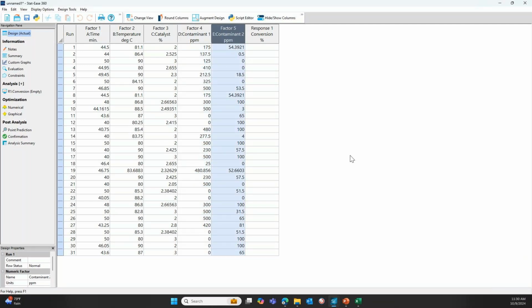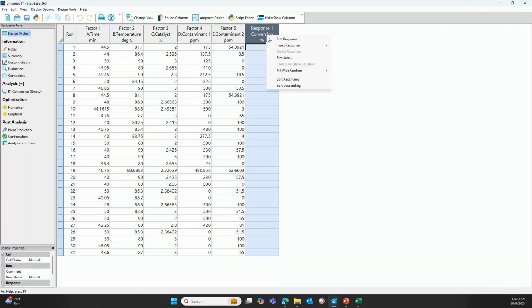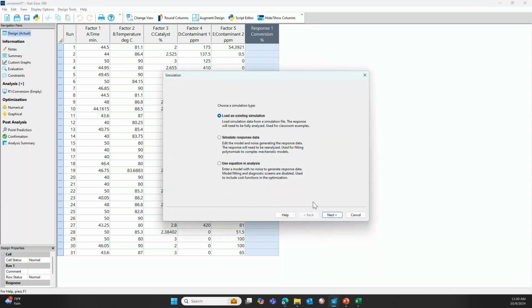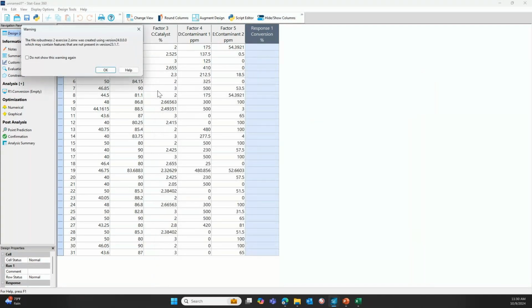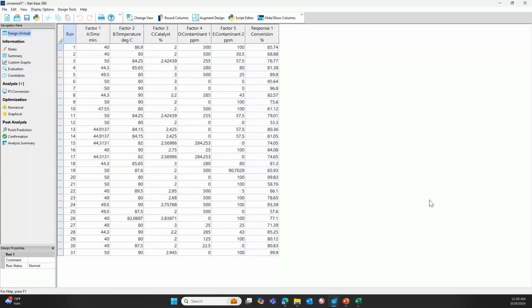So that's an important consideration for when we do the designed experiment. All right, so I will go out there now and get my data. This one is going to be exercise 2, and okay, so then we get our data.